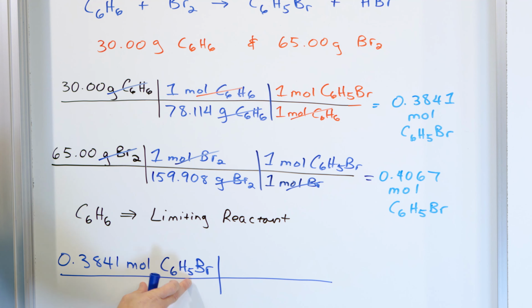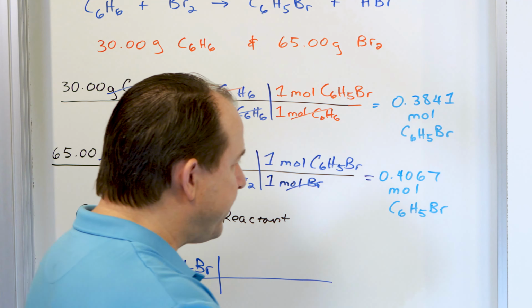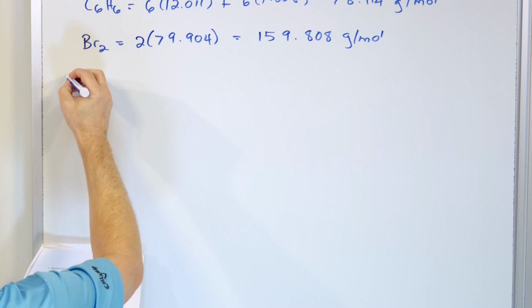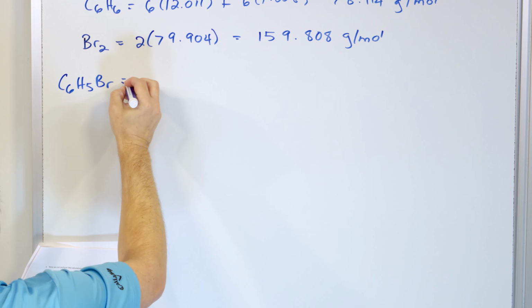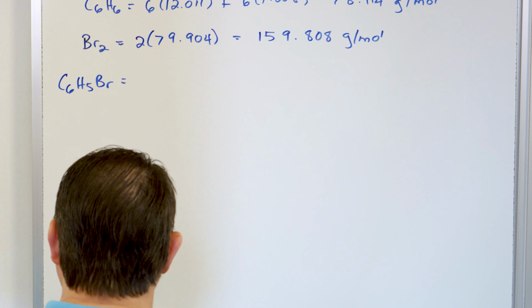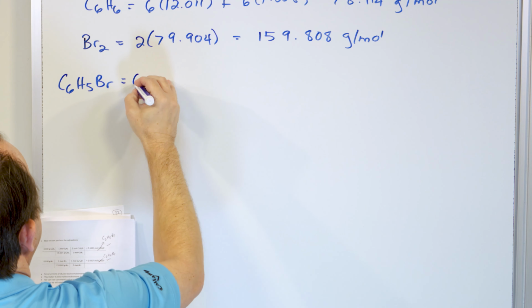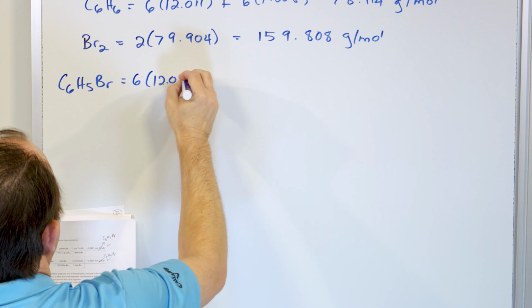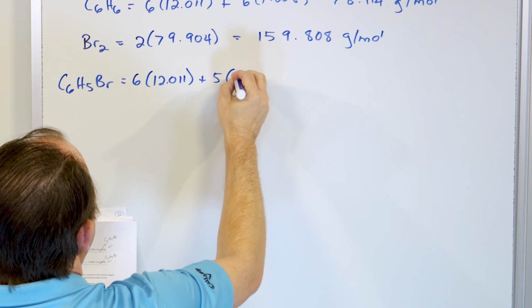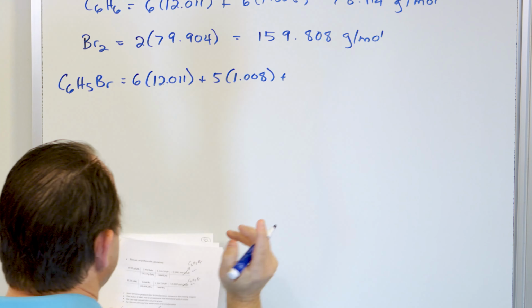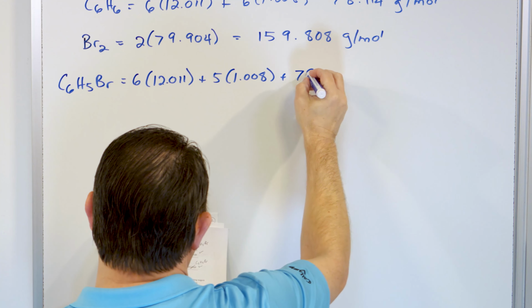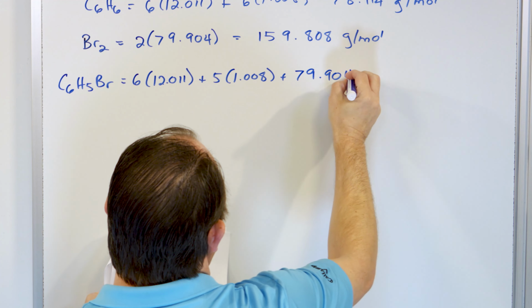So I need the molar mass of bromobenzene to go from moles to grams. So I'm going to go up here, and I'm going to say, what's the molar mass of C6H5Br? In that case, I know that there's going to be 6 carbons, each is 12.011 grams per mole. And there's 5 hydrogens, 1.008 grams per mole. And then the bromine, there's only one of those, and I looked that up before, it's 79.904 grams per mole.